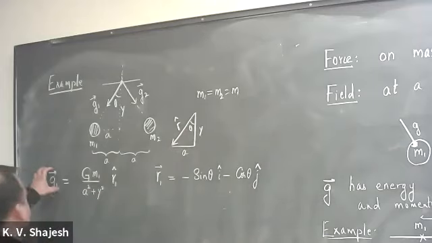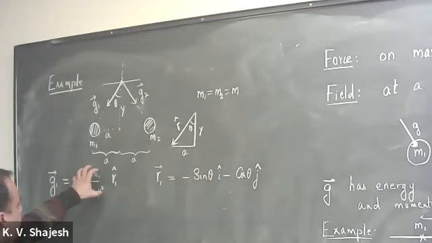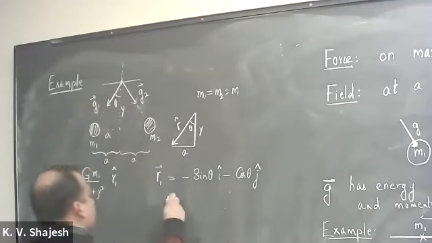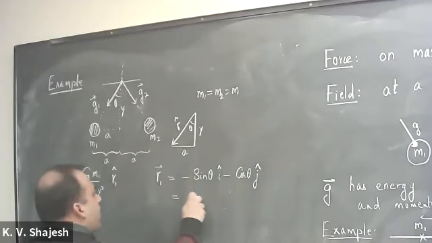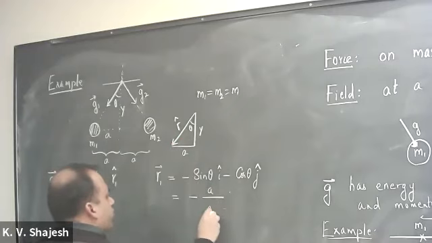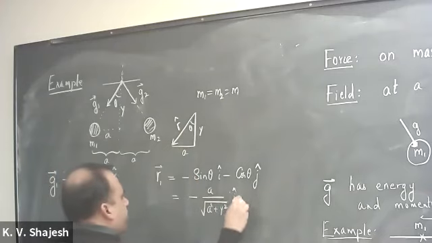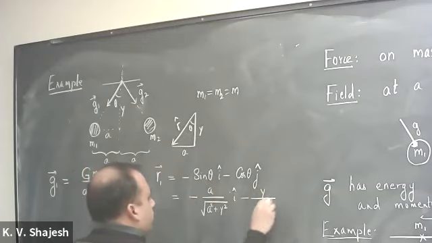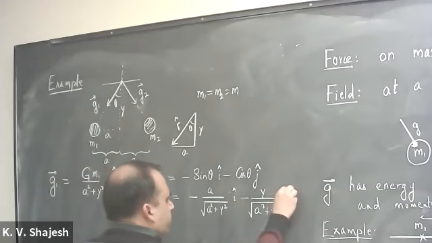So the gravitational field due to 1 is given by a magnitude, which we already know, but now it has a direction because I need to add G1 and G2, which are in arbitrary directions. So this is equal to minus sine theta, which is a over the hypotenuse, a squared plus y squared, in the i hat direction, and minus y over a squared plus y squared in the j hat direction.